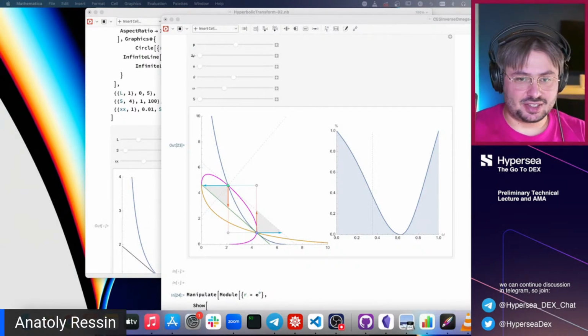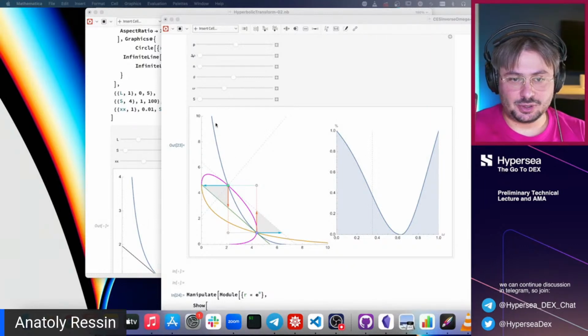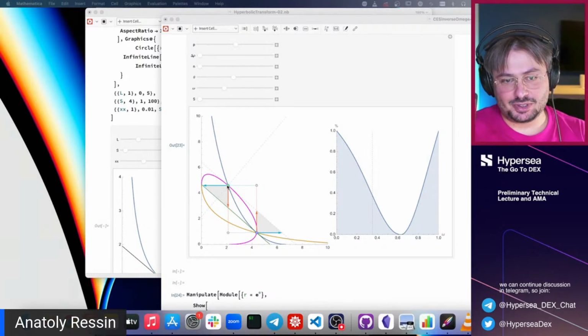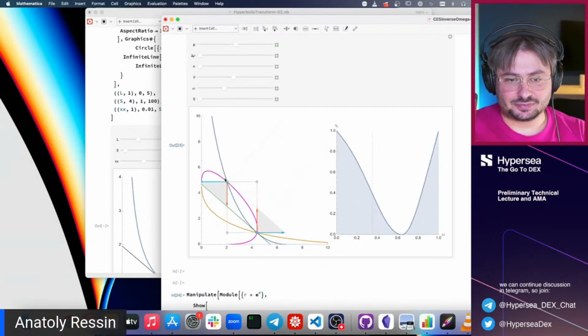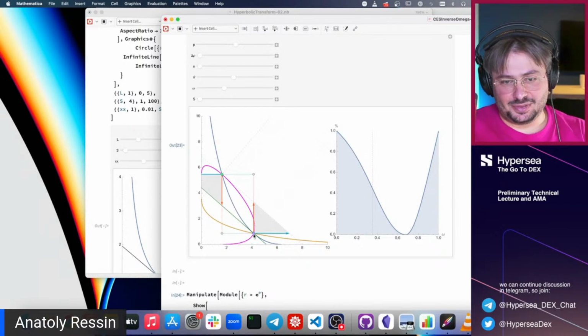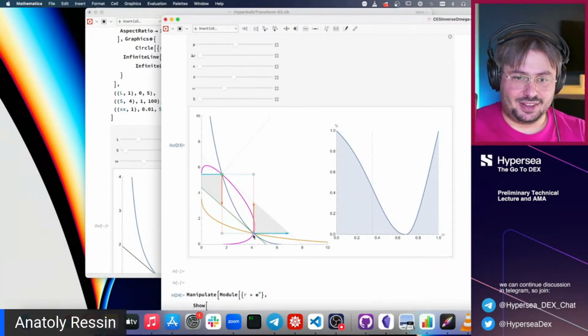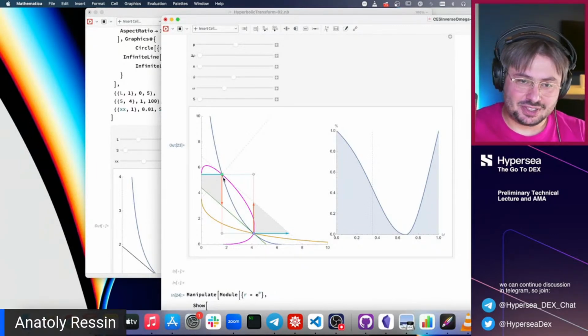But this is exactly what I talked about. This is the position where we are, moved, and there is an arbitrage opportunity.